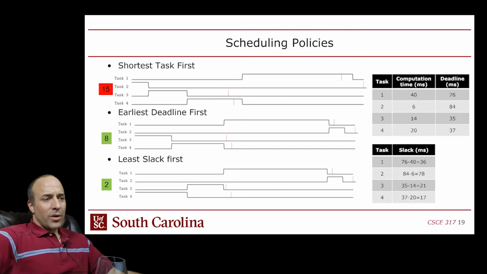So even though task 3 had the earliest deadline, task 4 had the least amount of slack. So that one worked. From having fully enumerated this, I found that EDF, earliest deadline first, and LSF, least slack first, worked.